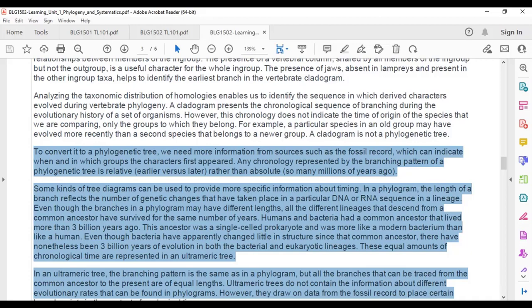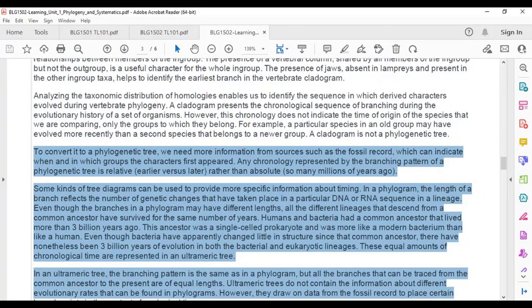Therefore, some kind of tree diagram can be used to provide more specific information about the timing. So in a phylogram, the length of a branch reflects the number of genetic changes that may have taken place in a particular DNA or RNA sequence in a lineage. Even though the branches in a phylogram may have different lengths in all the different lineages from that common ancestor, humans and bacteria can have a common ancestor that lived more than 3 billion years ago.